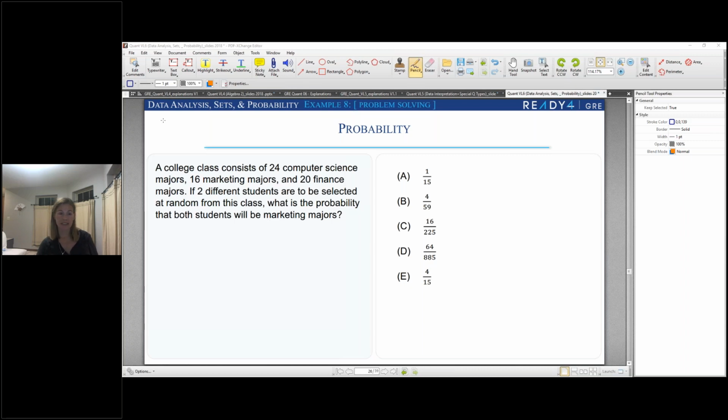So first off, we have to decide desired over total. And then we have to decide, is the fraction going to change? Is it a dependent or an independent situation?